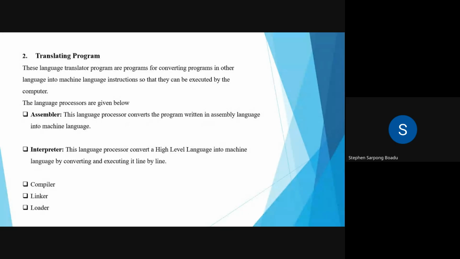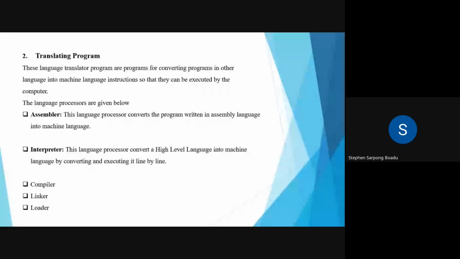Machines or computers do not understand English. They don't understand the language you speak. The only thing they understand is zeros and ones. They don't understand any other language.